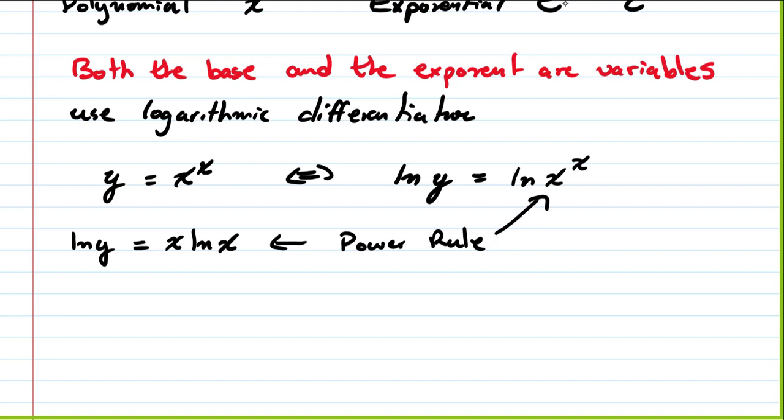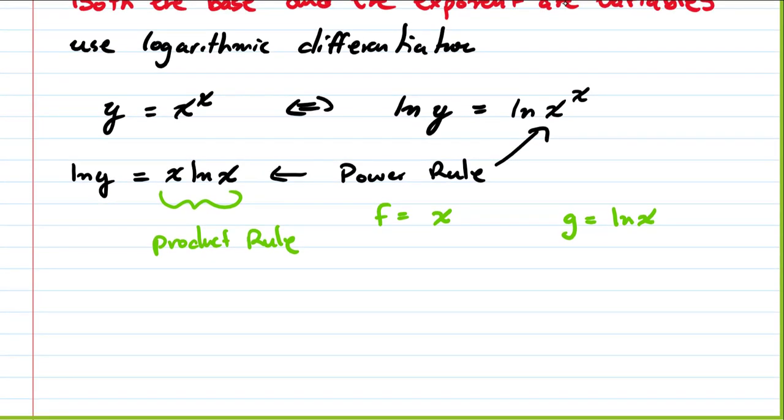So then, to take our derivative now, we're going to need to use the product rule. So our f is going to be x, and our g is going to be ln x. So then f prime is 1, and g prime is 1 over x.